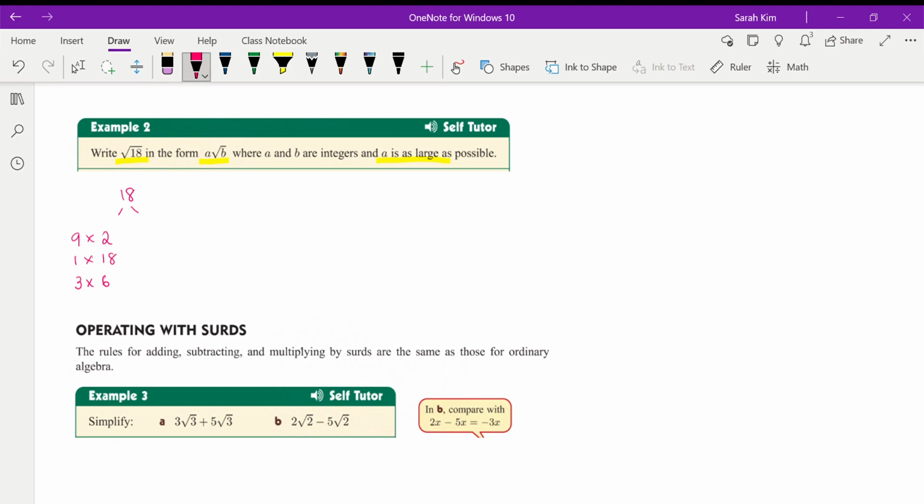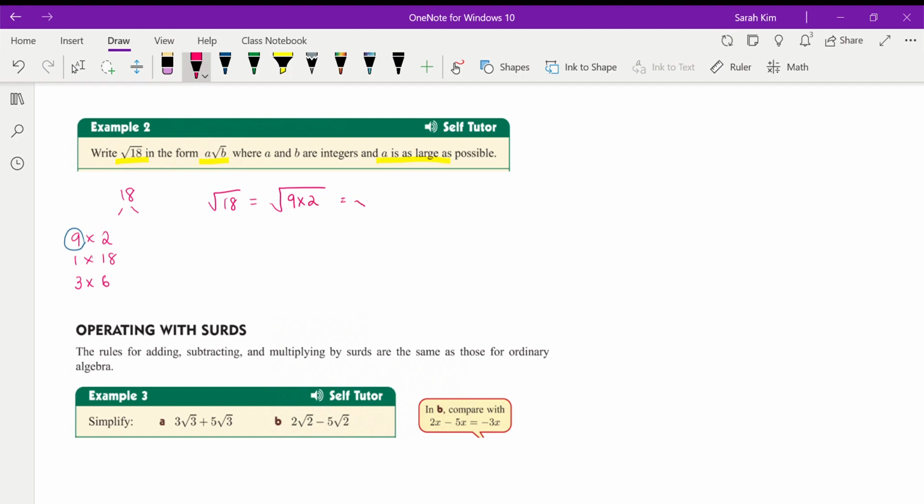And what you need to consider is which number is a perfect square out of those numbers. And hopefully you can see that 9 is the only perfect square number. Well, technically 1 is as well, but that one is a bit useless. So basically what that means is square root 18 can be written as square root 9 times 2.